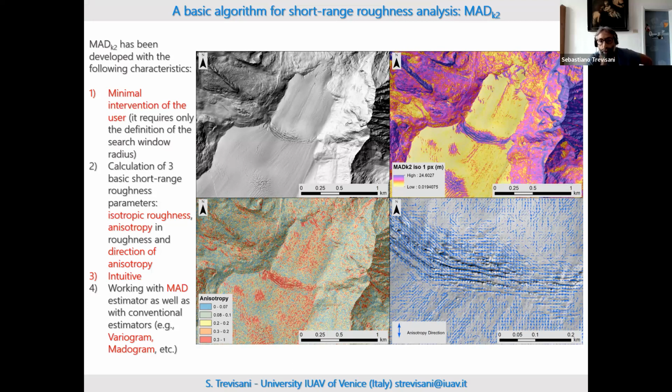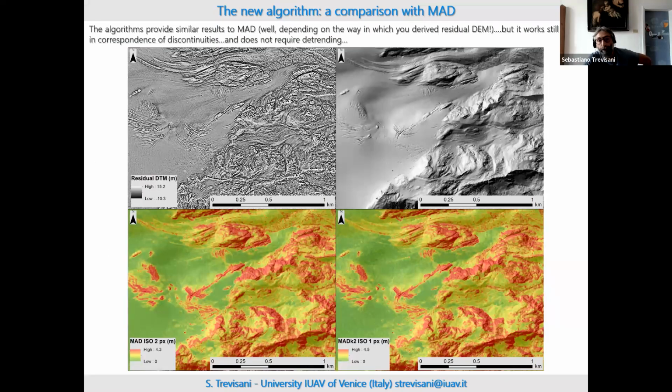So in this case, instead of calculating the spatial continuity index considering differences between pixels, we consider differences of differences. So it is more or less like an order 2 derivative.